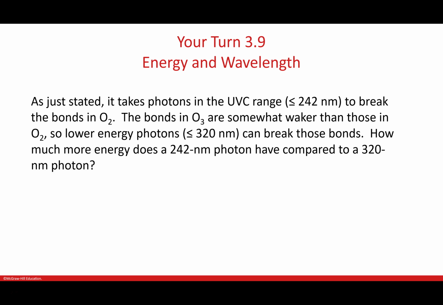They said 1.3 times, which is about 130%. Here they took the speed of light divided by the wavelength, converted the units, and did the same thing for this one, and then divided.